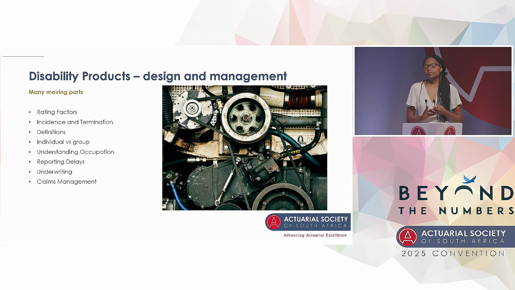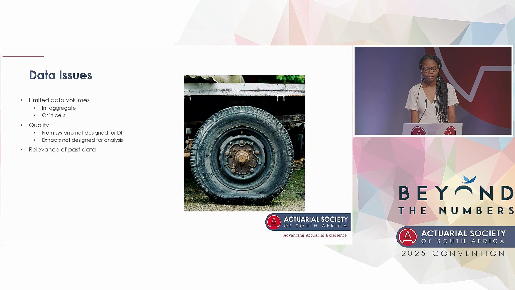Unlike death benefits, disability products involve two events: incidents and terminations. And each of these comes with its own set of patterns and drivers. But to fully understand the impact of all of these rating factors, we need data, and lots of it.